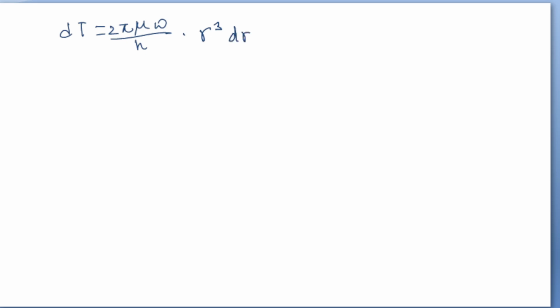If we find the total torque, we integrate it from 0 to r1. So this is T bottom, which is 2 pi mu omega by h into r to the power 4 by 4.